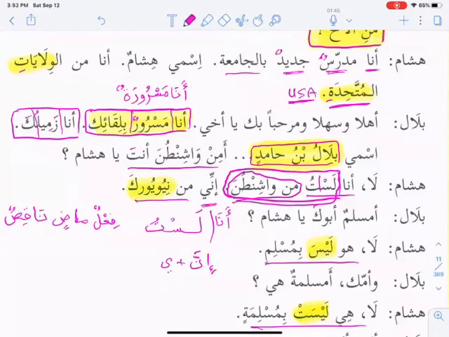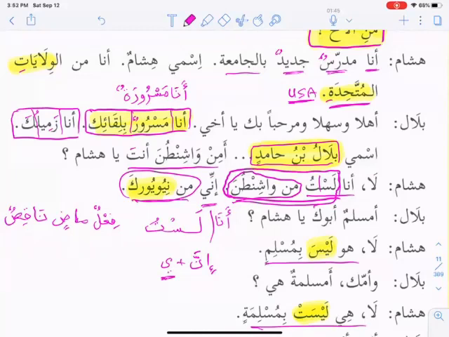Inni min New York. Here, inna is harfu tawkidin wa nasb, and this ya is ismu inna mansub. And where is the khabar? Min New York, jar majrur shibhu jumla, khabar. Fine. In that you will find it easy, but the same rule will apply to Laysa.